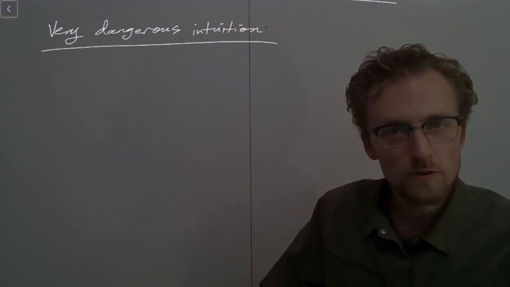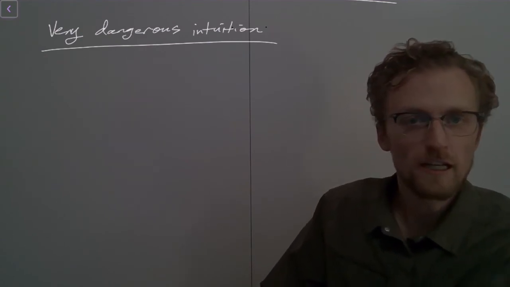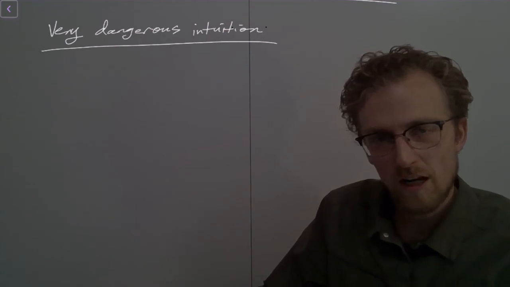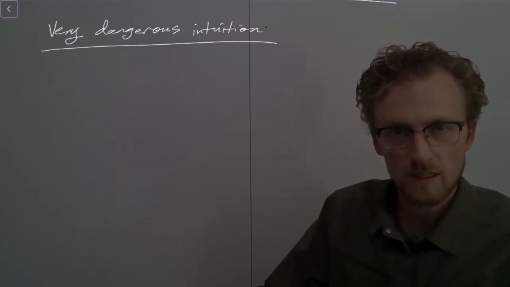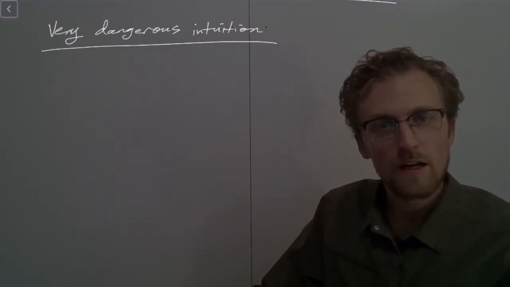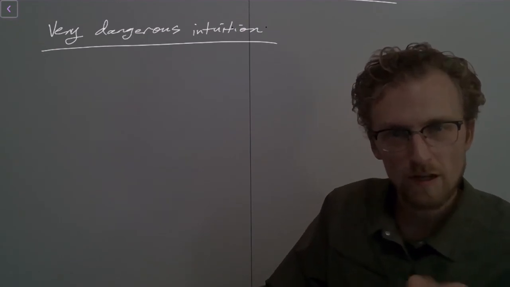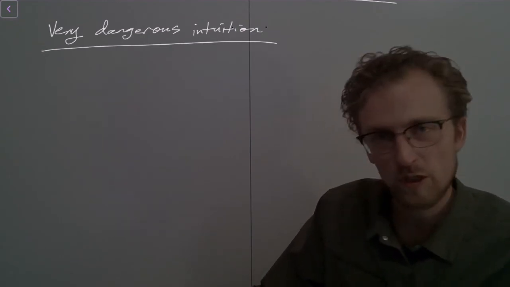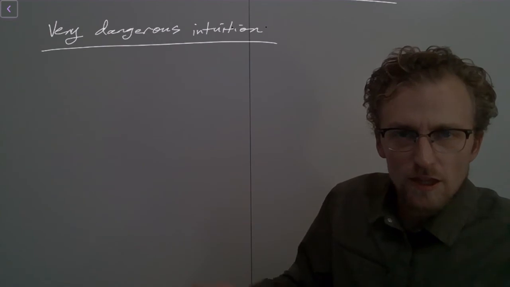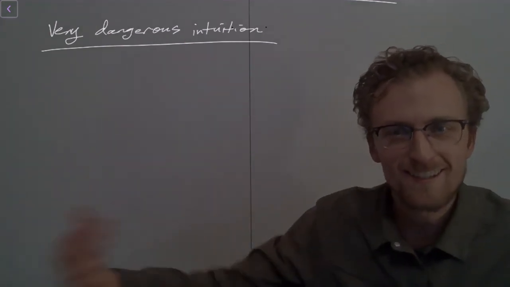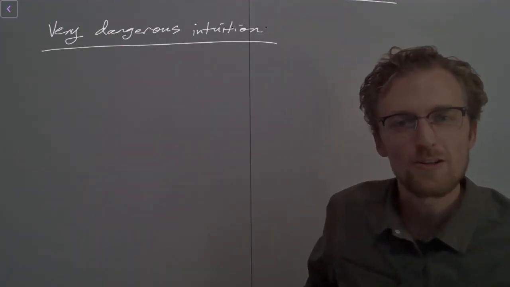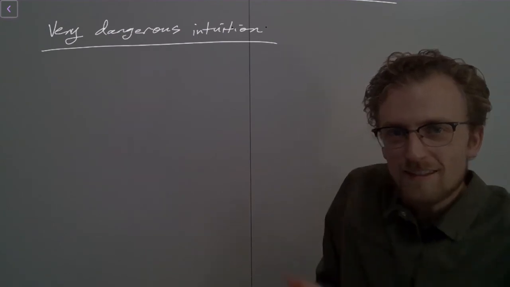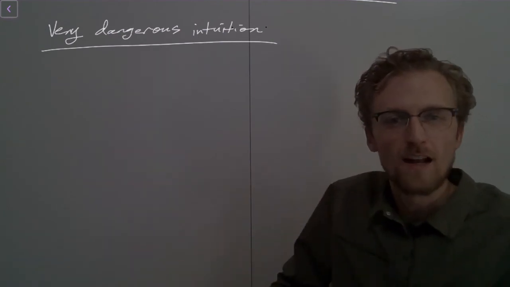So the very dangerous intuition is essentially this greedy intuition, and I think that the simplest way to express it is that there are more complicated ways to express it that I'll try to express in a minute here. But the dangerous intuition is that the way to do best is to get as close to your destination as possible. And that just need not be the case in optimization.